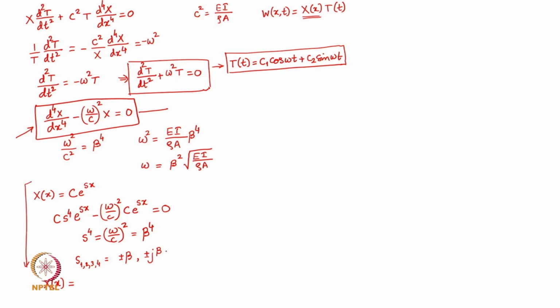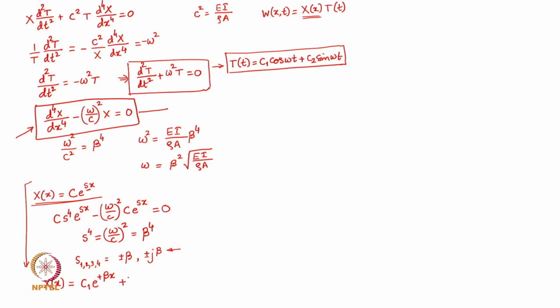Now, these being the possible roots, if I substitute back into this expression the general assumed solution, I can now write this with all the four constants. So I can use the constants as c1 e to the power plus beta x. So this s is going to be replaced with all four possible roots, and so this one is the first term.